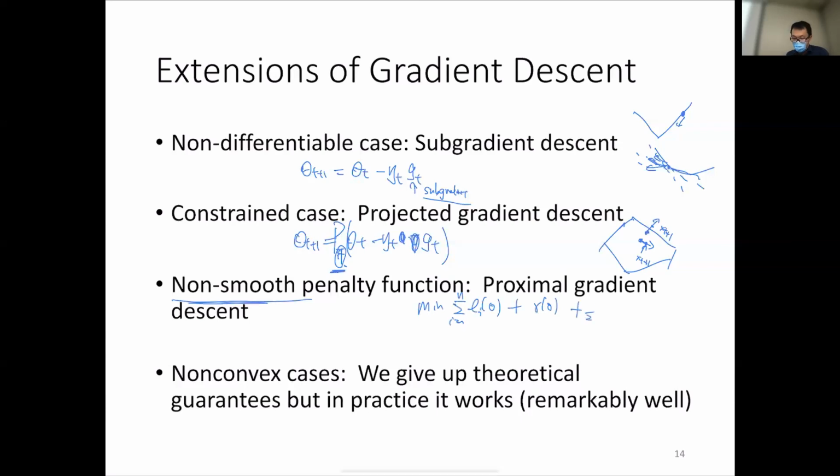Our approach is to add an additional square regularization on top of this possibly non-differentiable thing. And what is the use of this R of theta? This is often used to induce the type of structure that we know about the problem itself, right?